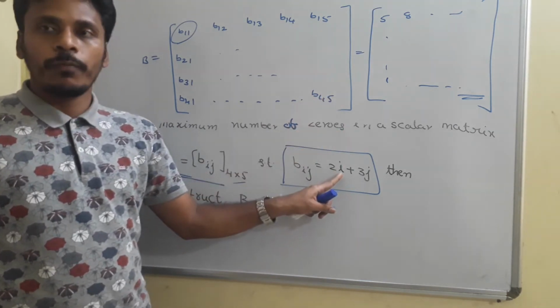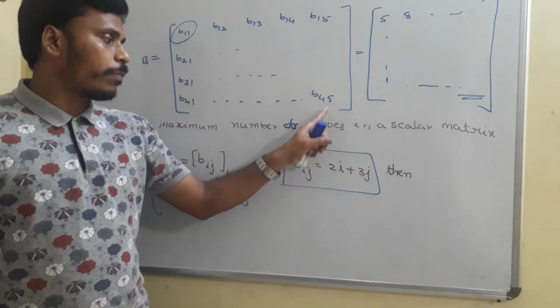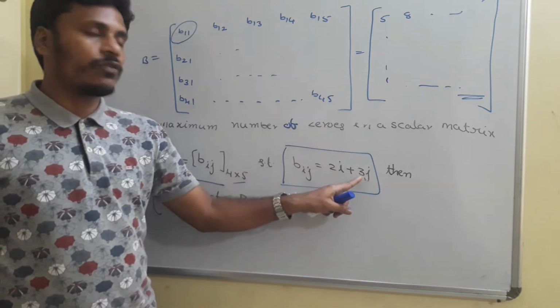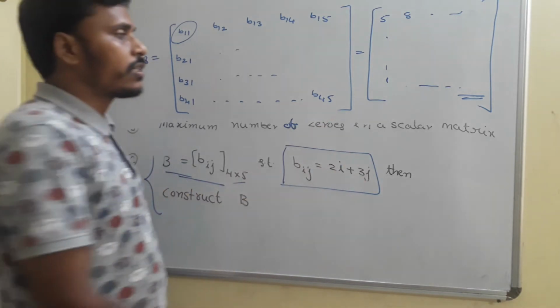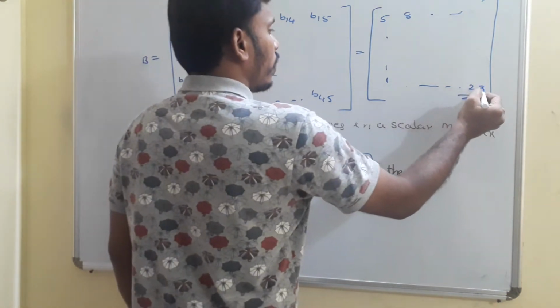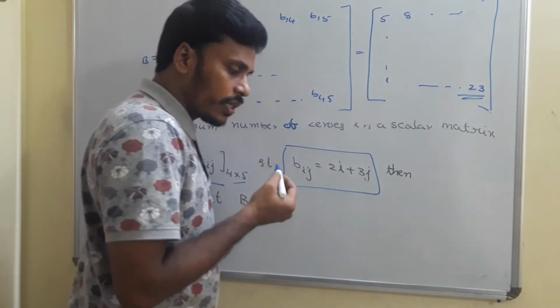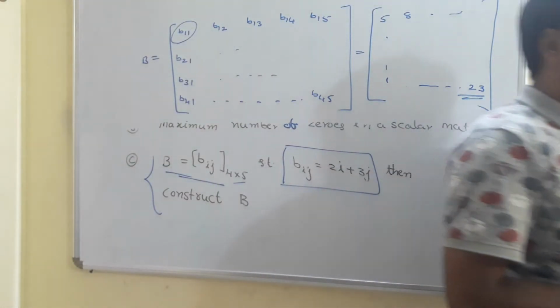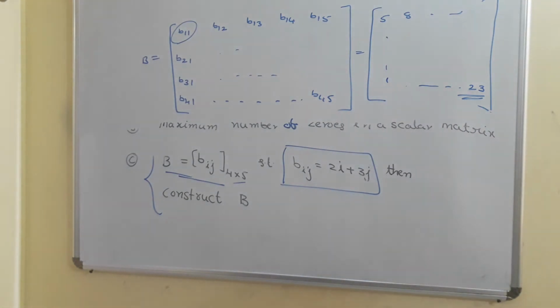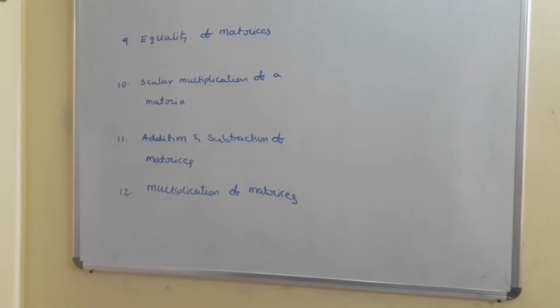Replace i with 4, 2 fours are 8. Replace j with 5, 3 fives are 15. 15 plus 8 is 23. Just have a look. In a similar pattern, by using the definition 2i plus 3j, we can easily replace each and every element there.